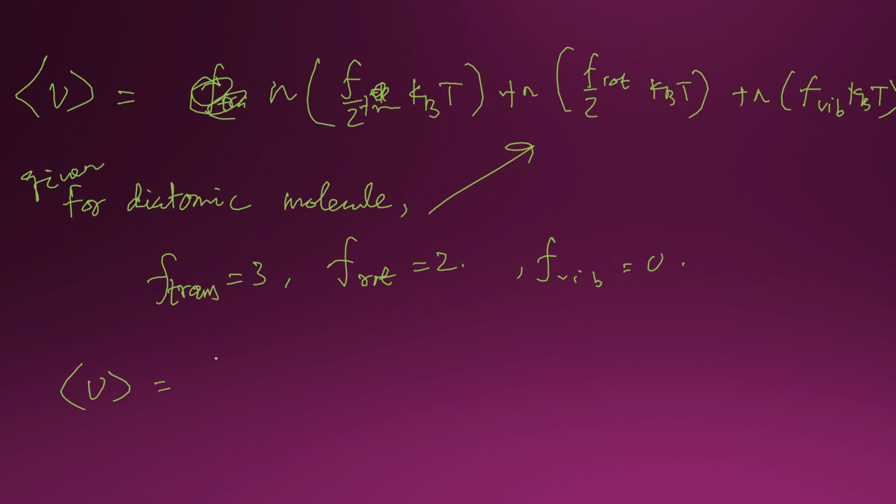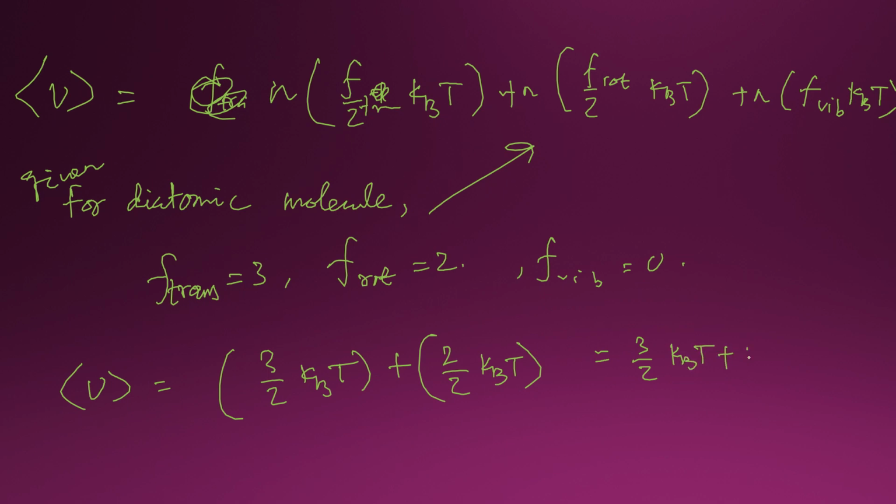So I will just put these values. N is not given, so we'll simply put 3 by 2 kBT plus 2 by 2 kBT. So the answer will be 3 by 2 kBT plus kBT, that will be 5 by 2 kBT. Sorry, this is your average internal energy.